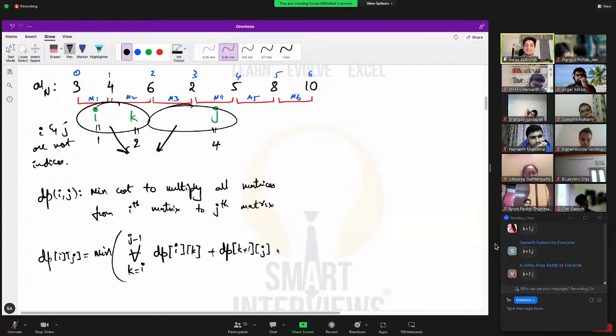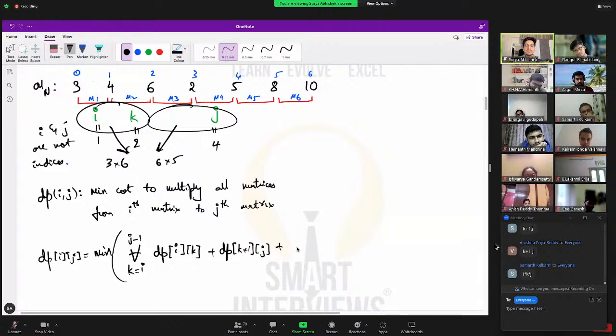How long will that take? The resultant matrix will be a 3 cross 6 matrix here, and a 6 cross 5 matrix here, right?